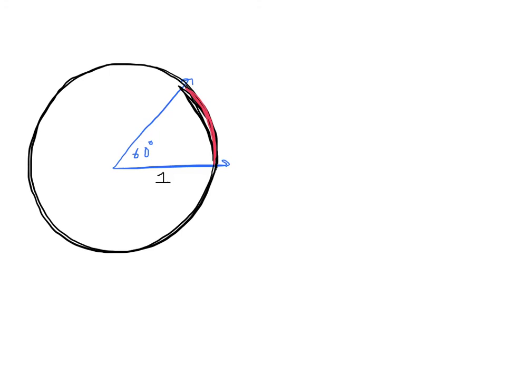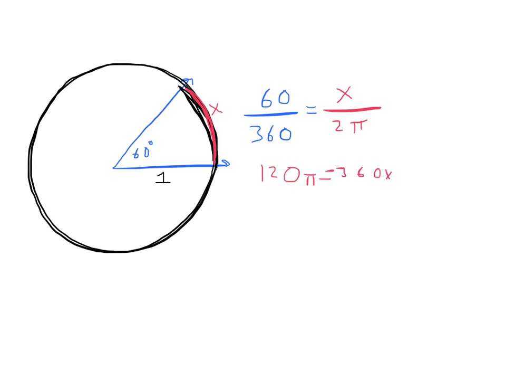We mentioned before, one way you can do that is to set up a ratio: 60 over 360 should be equal to my radian measurement divided by 2 pi. Cross multiplying, you'll get 120 pi equals 360x, which means x ends up being 1/3 pi, or pi over 3. Fair enough.